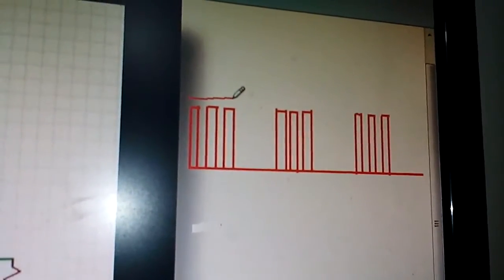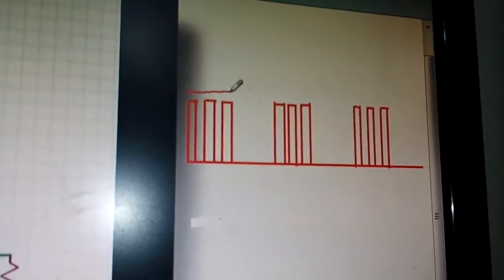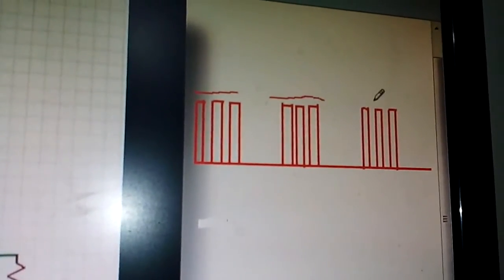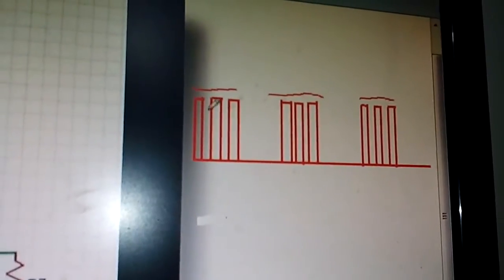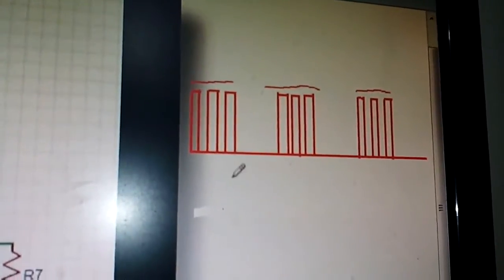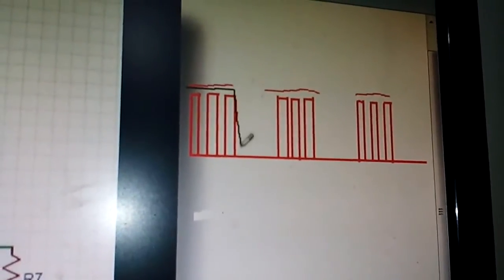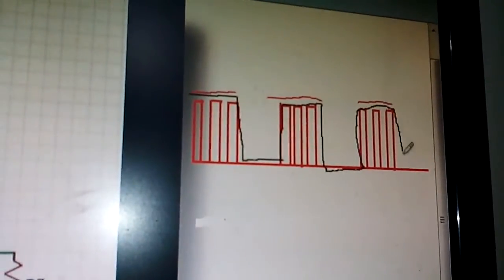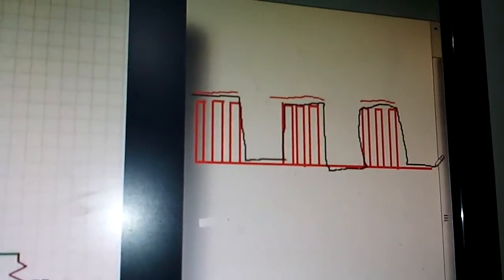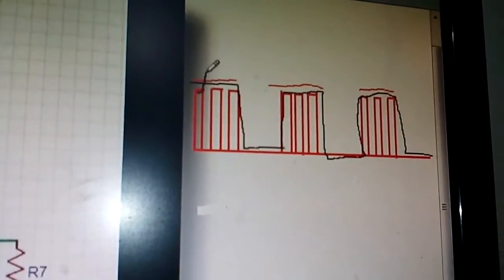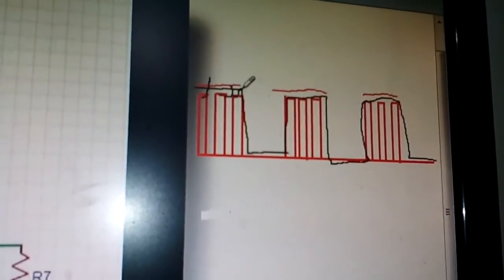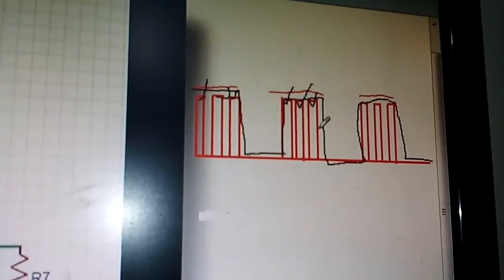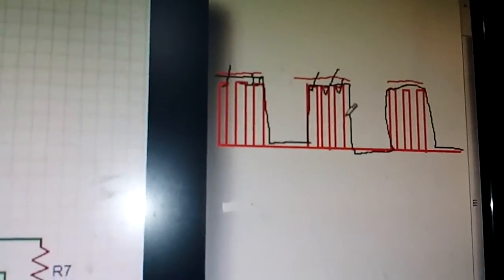This is the carrier signal, and this is the modulating square pulse. This modulating square pulse is modulating this carrier of 38 kilohertz. So this is on-off keying, or amplitude shift keying.